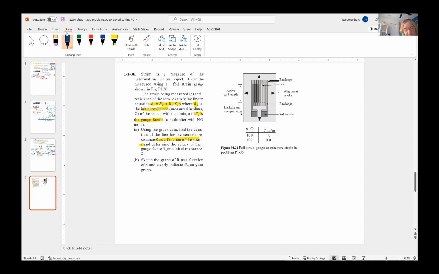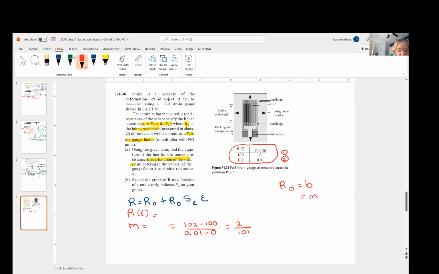Okay, so again, we have a linear equation. R equals R sub 0 plus R sub 0 S sub epsilon times epsilon. I'm just going to rewrite this as R sub 0 S sub epsilon times epsilon plus R sub 0.